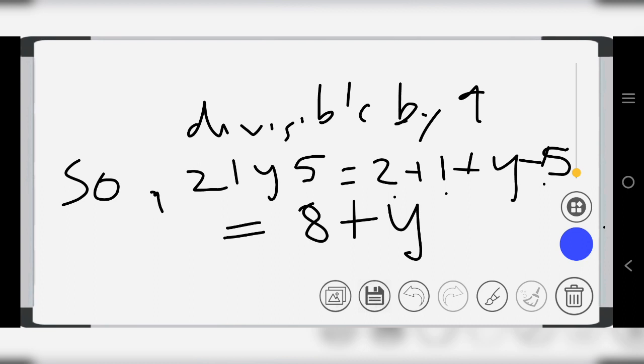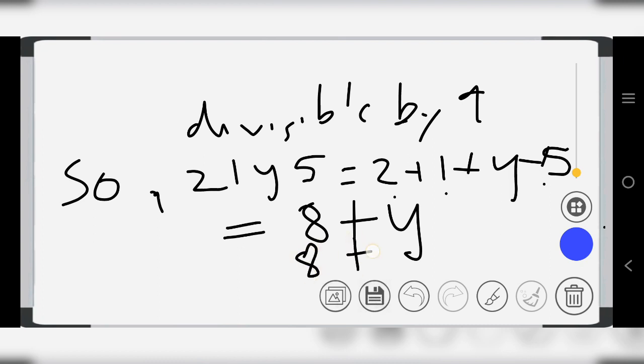So 8 plus y should come a number which is divisible by 9. So 8 plus 0 is 8, but 8 is not a multiple of 9, so it is not divisible.